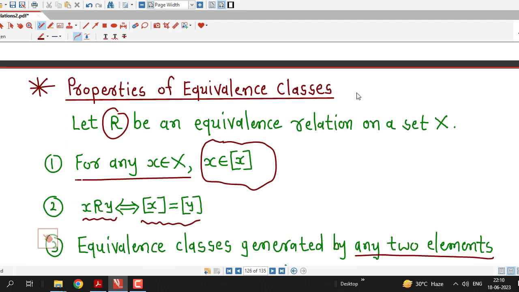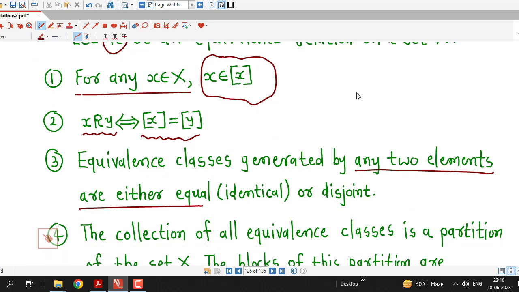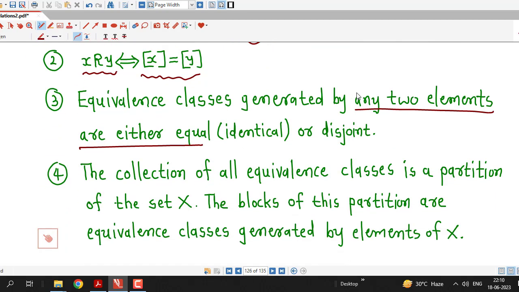They can ask you to write down the partition of a given set X using equivalence classes.